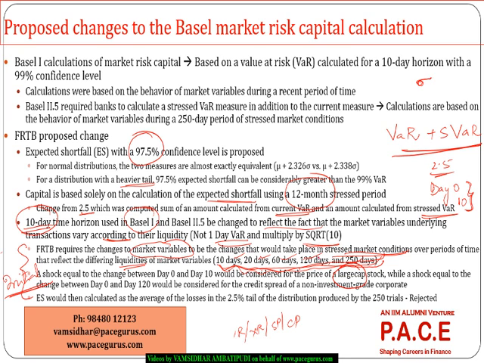For a large cap stock, I would look at a shock which is the change between the day 0 and day 10 price, whereas for a credit spread associated with a non-investment grade bond, I would look at day 0 to day 120 as the change.